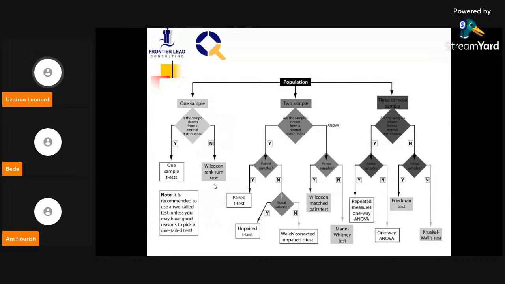But in this case, you want to compare the cholesterol level of sportsmen against sportswomen. So you collect samples from male sportsmen, then from sportswomen, then you determine their cholesterol level, and you also run a normality test on them.